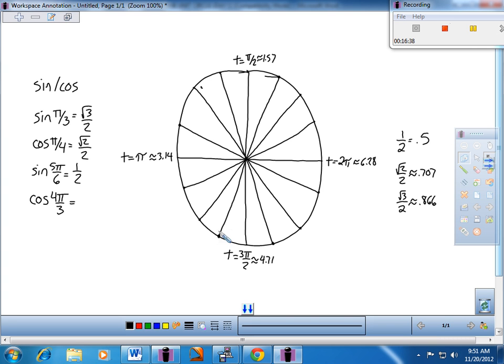As soon as I hear cosine, I'm thinking x, and I'm thinking horizontal. Now, careful here. I'm going to start out at the origin and go horizontally. I'm going to go on my x-axis. And the question is, am I going to get to that particular point? Am I going to get there first, second, or third with those three terminal sides in this quadrant? Here's the first, second, and third.